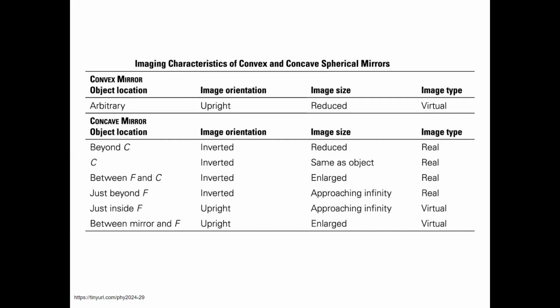And then if you are just beyond the focal point, away from the mirror, then the image distance is approaching infinity, and that's going to be a real image. But if you are just inside the focal point, then it's also approaching infinity, but it's a virtual image, an upright image. Okay, all right.